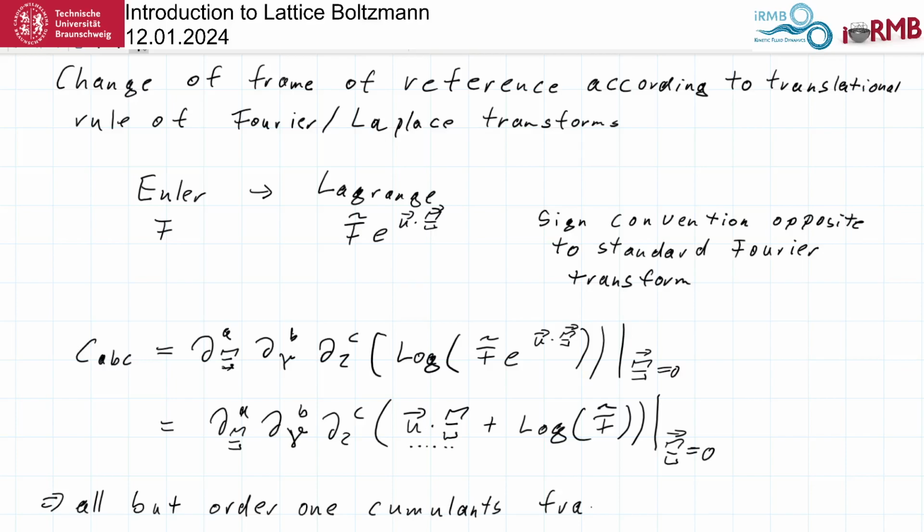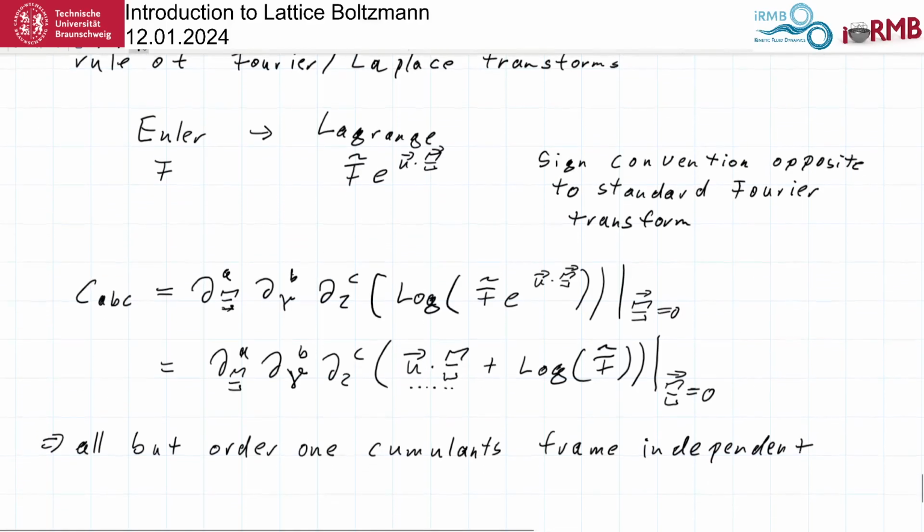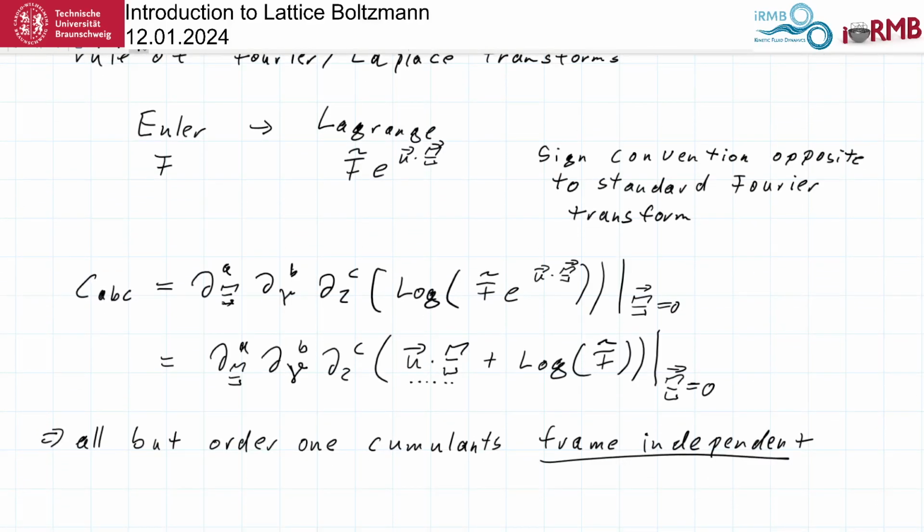They are frame independent, and this is what we want. So we are automatically Galilean invariant if we use cumulants. Cumulants are all frame independent.